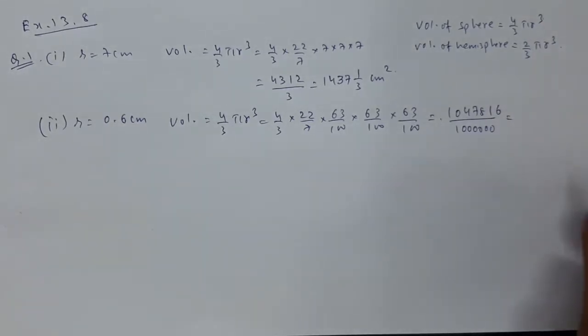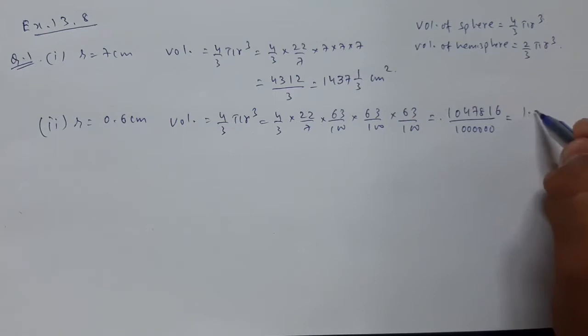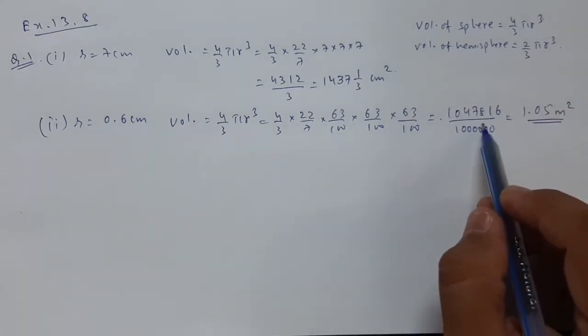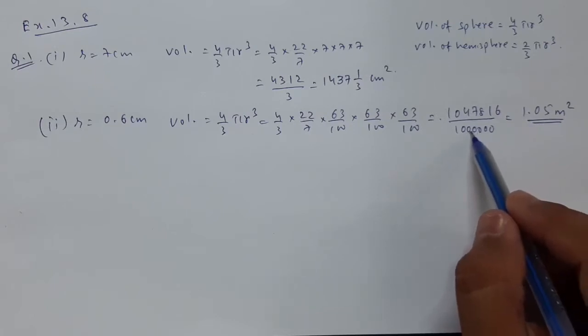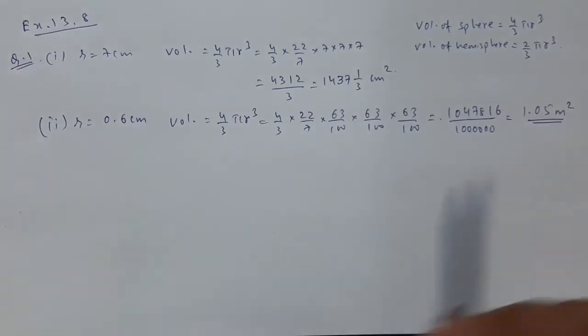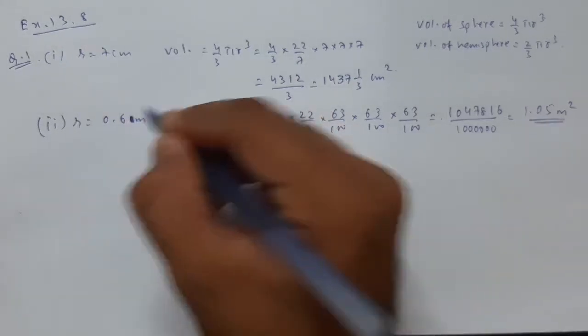So this will give you approximately 1.05 meter square. Now till here it will be centimeter square, but as 2 zeros and more 2 zeros will come, so it will give you meter square. So this way we can move ahead with our sum. Okay, and this was in meter.